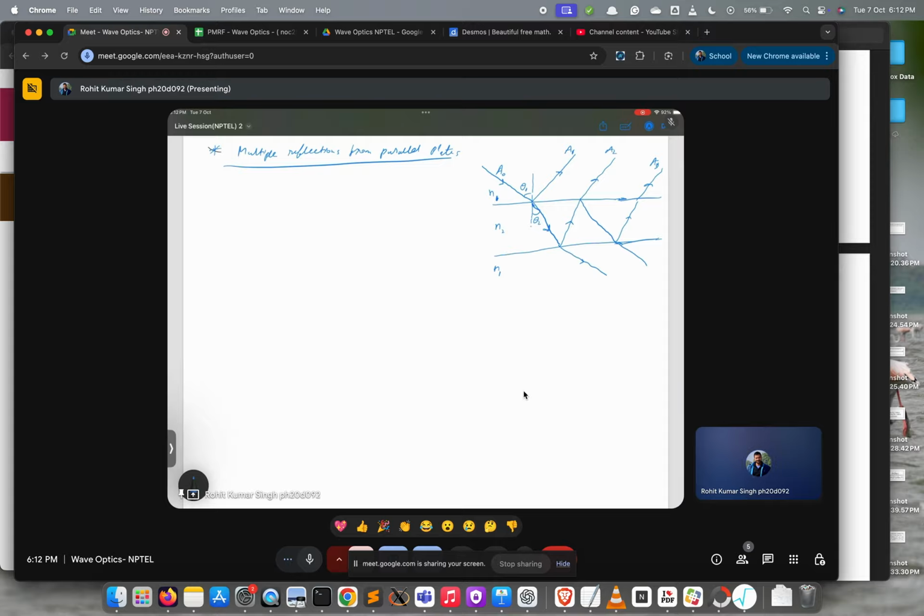And there is a term called reflectivity. Reflectivity for any surface is the ratio of the amplitude of reflected light to the incident light, squared. Here the reflected amplitude will be the sum of these individual amplitudes, and this is given by this formula.